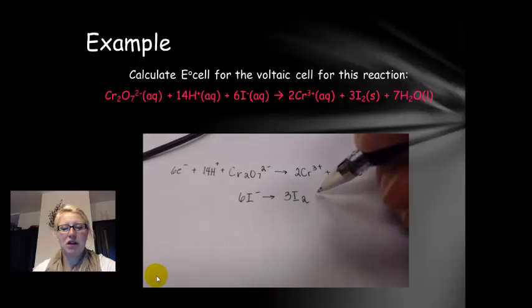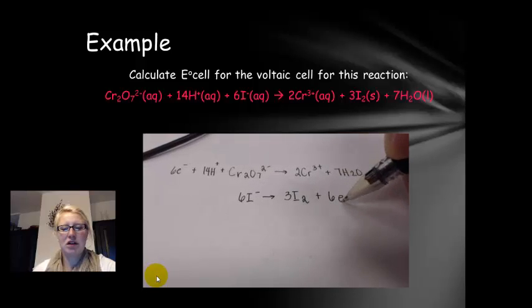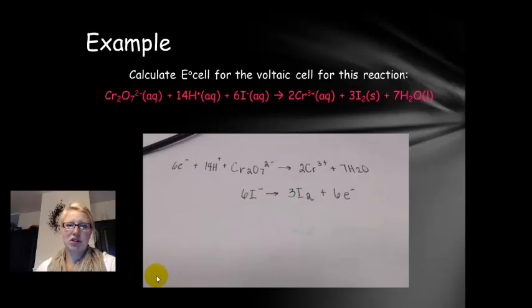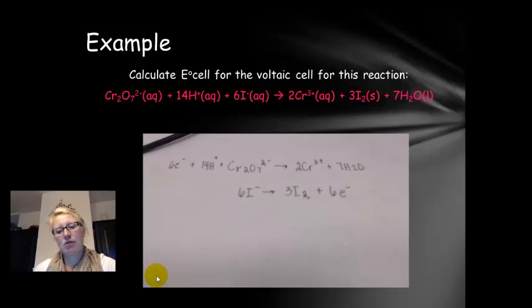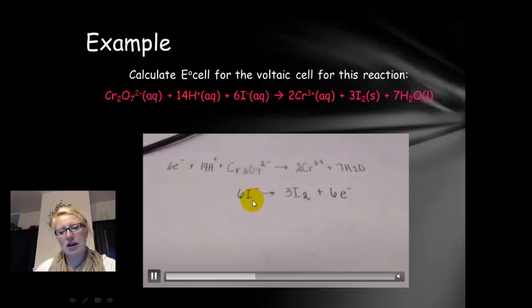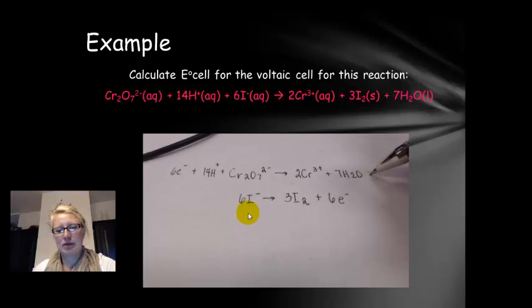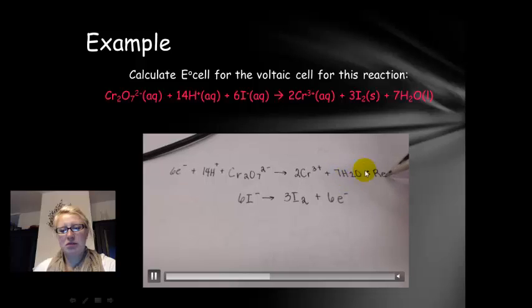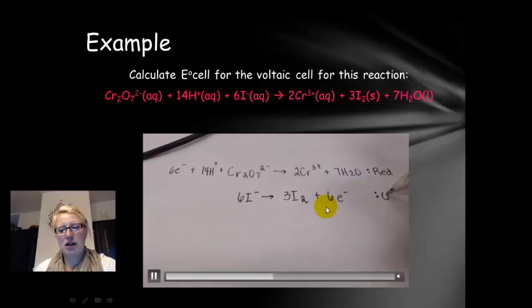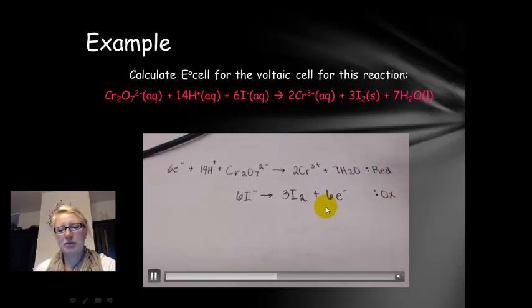So it must be losing electrons. So the reduction reaction is occurring with the dichromate. The oxidation reaction is occurring with the iodine. Okay, and you've seen this reaction multiple times when we balanced equations. So the chromium is being reduced, the iodine is being oxidized.